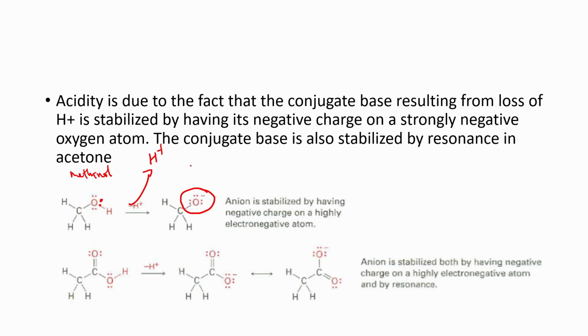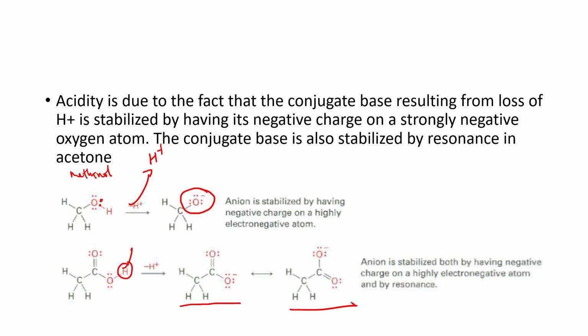In the case of acetone, if acetone loses the hydrogen atom, again, what would happen is, look at the structure here. It can resonate to form two resonance structures, either one or two, and as we alluded to earlier in our resonance, a structure which has more resonance forms is more stable.